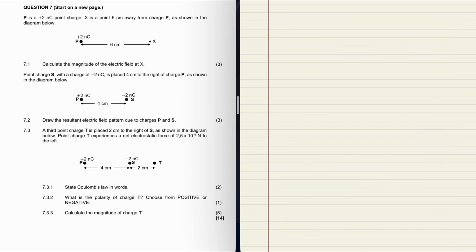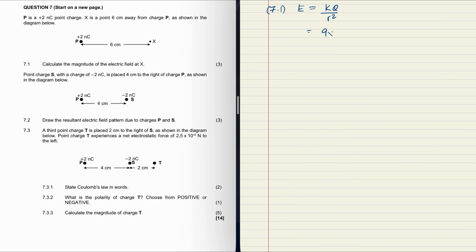Question 7 says P is a positive 2 nanocoulomb point charge. X is 0.6 centimeters away from point P as shown in the diagram below. Question 7.1, calculate the magnitude of the electric field at X. So we will say that the electric field is equal to KQ divided by R squared.